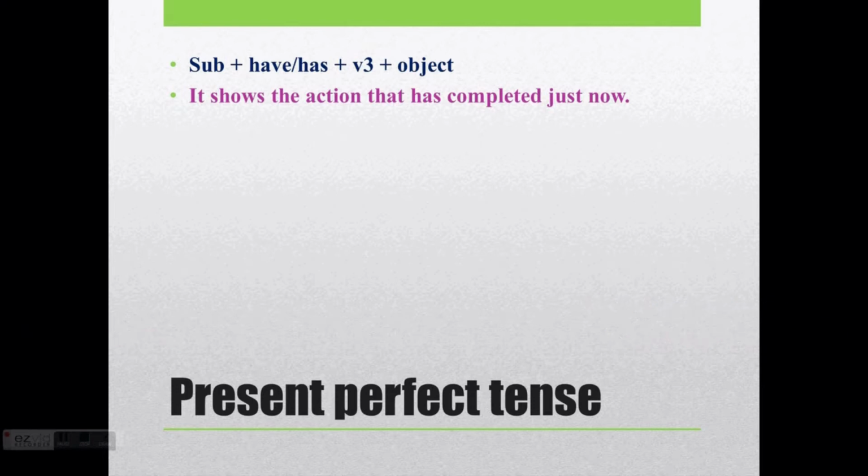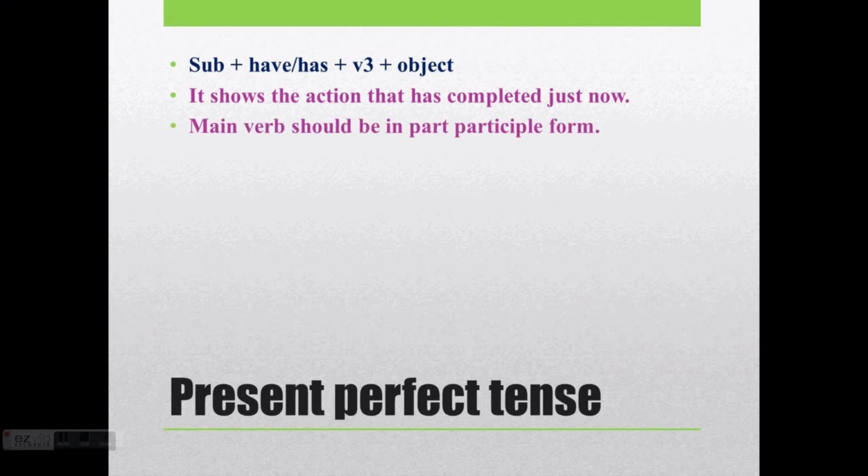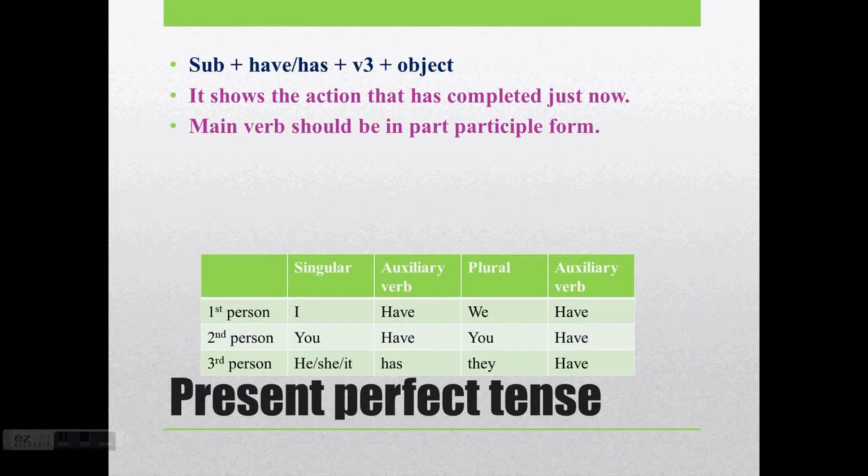What is V3? The main verb in the past participle form is known as V3. We should use have for I, you and all the plural subjects, whereas we should use has for he, she, it or any singular subjects.